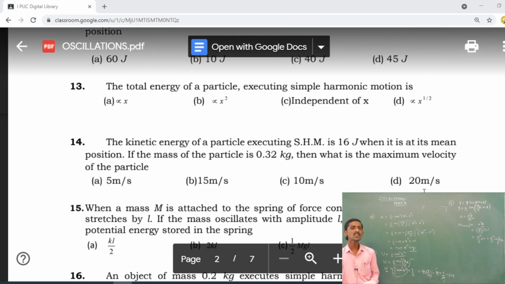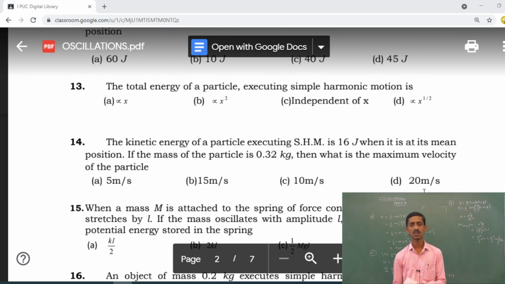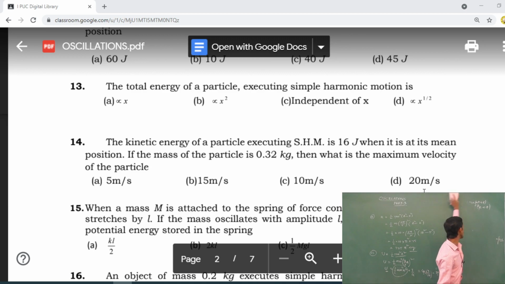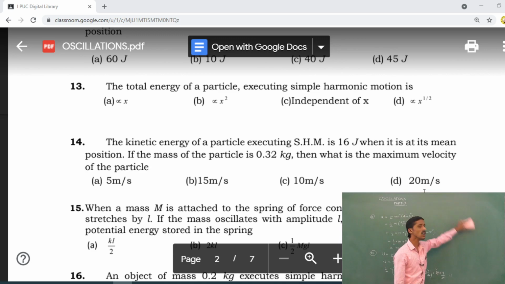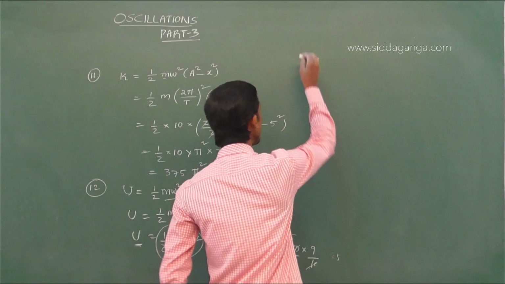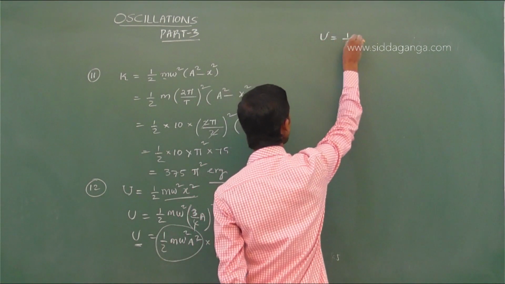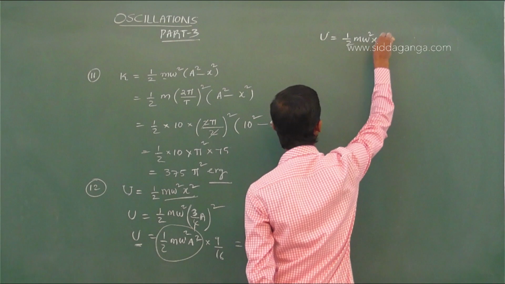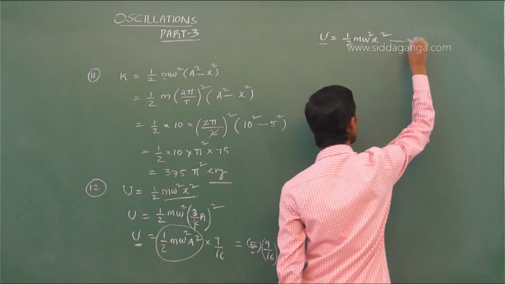The total energy of a particle executing simple harmonic motion is, we have discussed this point, even I have written it clearly. If you see all the options, the question is straight away asking the relation between total energy and position of the particle. Potential energy is half m omega square x square, so U is directly proportional to x square.